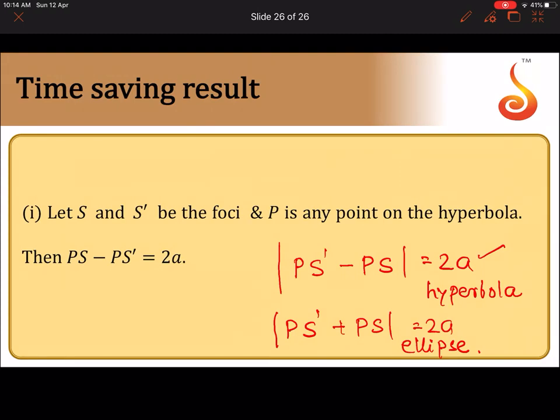So this is very important. PS minus PS dash is equal to 2a. This is transverse axis. In this case, this is the major axis. This is transverse axis. Here it is major axis. So these are the basic formulae, and whatever small formulas are left over, when we discuss the problems, we will discuss the formula simultaneously.